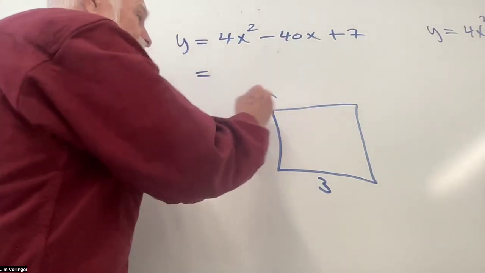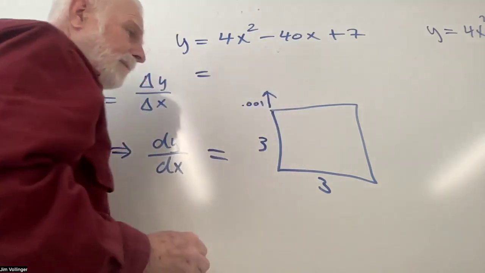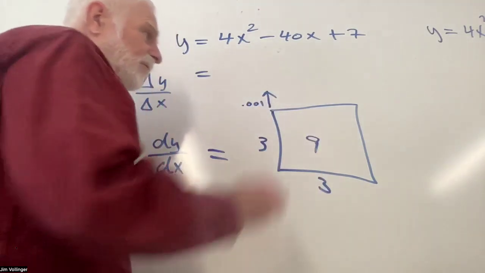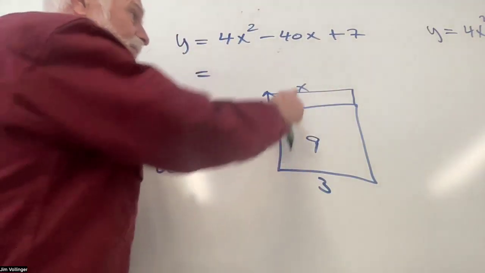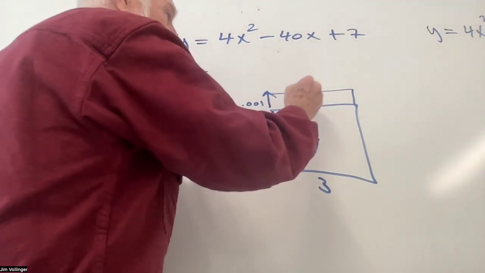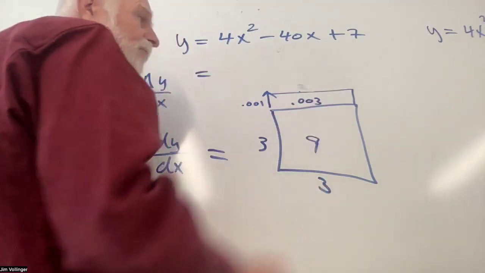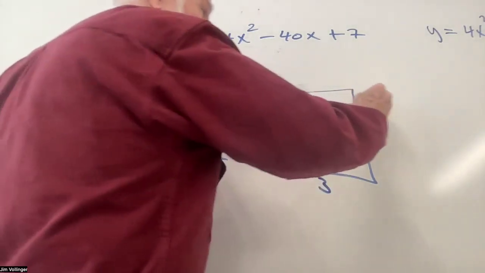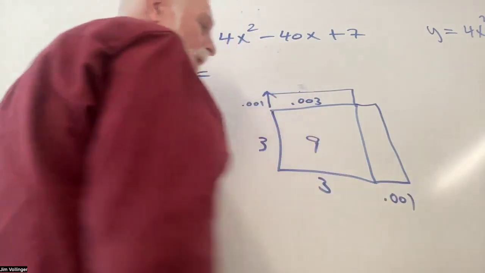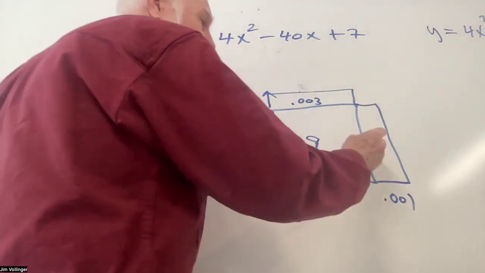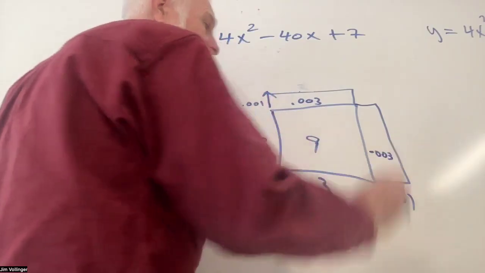And if I change by 0.001, we know we have 9 units of change. And if I just do that x distance, which happens to be 3, I get 0.003 units of change. And if I do this one over here and call that 0.001, I know it's not drawn to scale, but I get another 0.003 units of area.